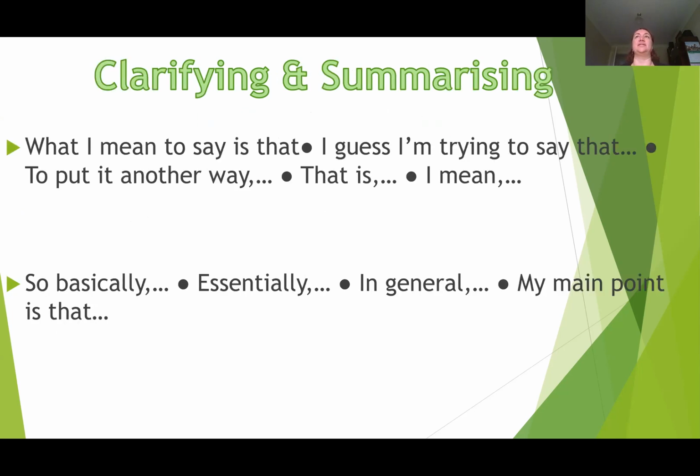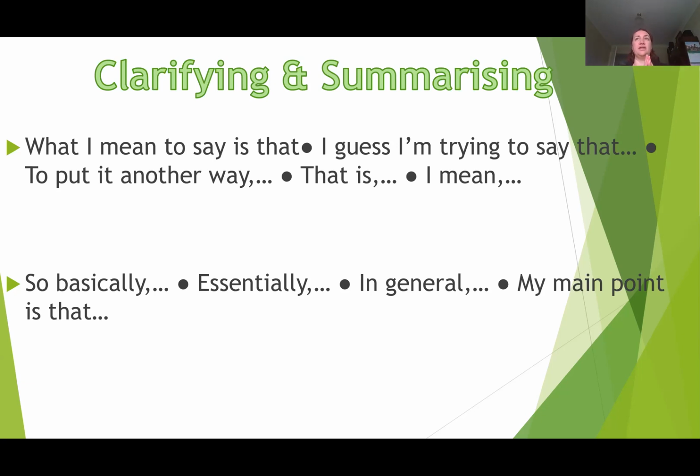Clarifying and summarizing. Sometimes when you're explaining something, you might feel that you haven't gotten the information across in the best way. So you want to reiterate or re-say what it is that you've said to make sure that the listener understands. To clarify, you could say, what I mean to say is that, I guess I'm trying to say that, to put it another way, that is, or I mean.